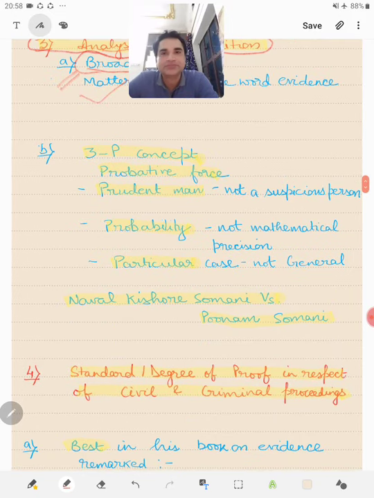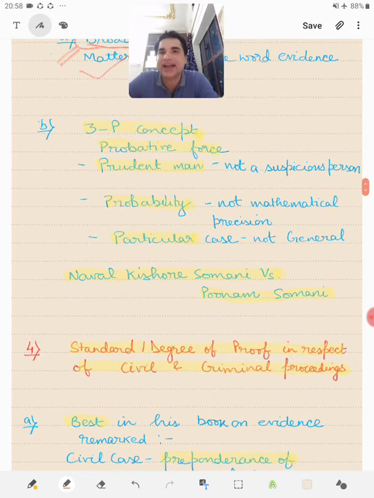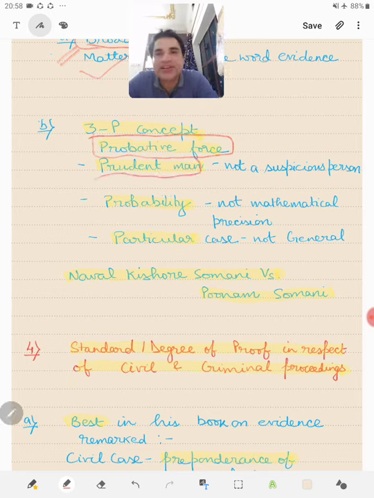And then one very important thing is that the probative force of evidence, or the degree or standard of proof that is required, is given under this clause. And what is that? They require a prudent man, not a suspicious person, not a person who is not prudent, not a person who is not of normal mental capacity.